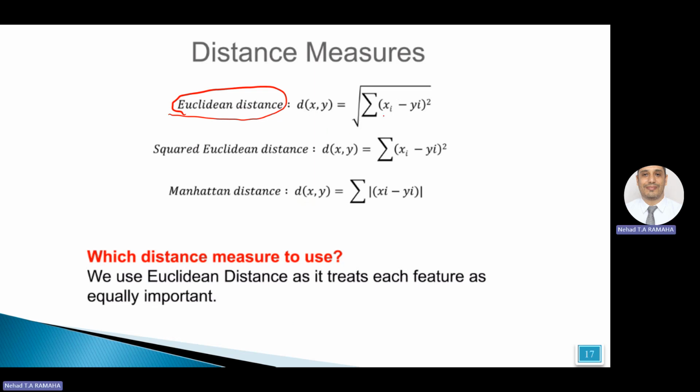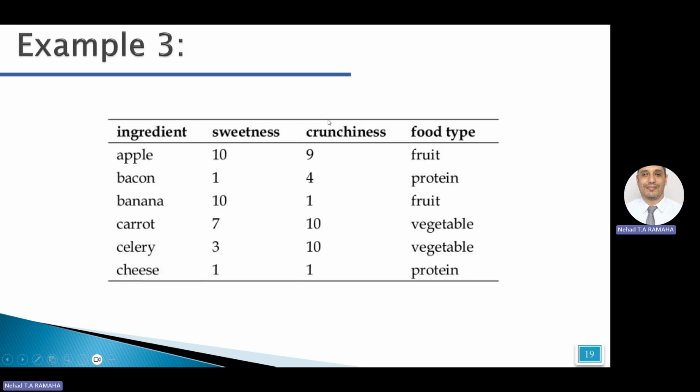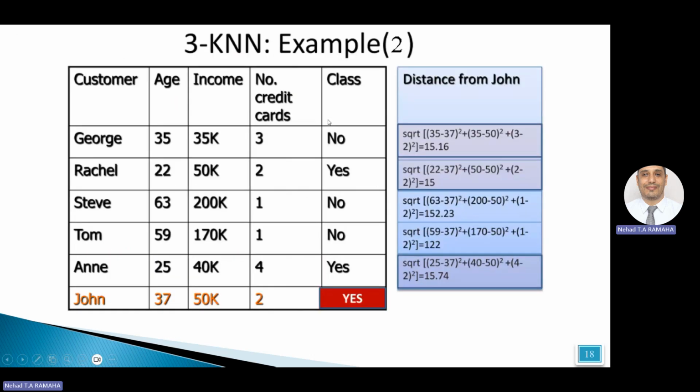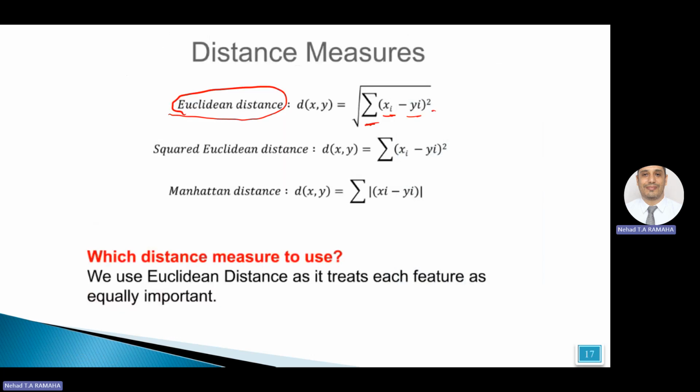It's xi minus yi, squared. We have summation here because we may have more than one value in the point. We also have the squared Euclidean distance, which is the same one without the square root.